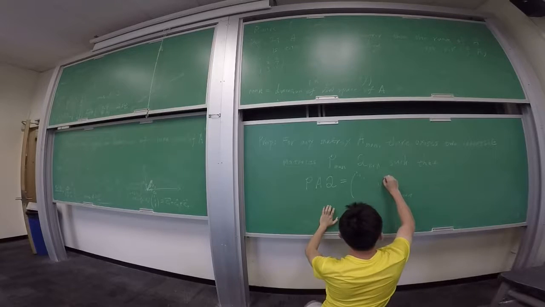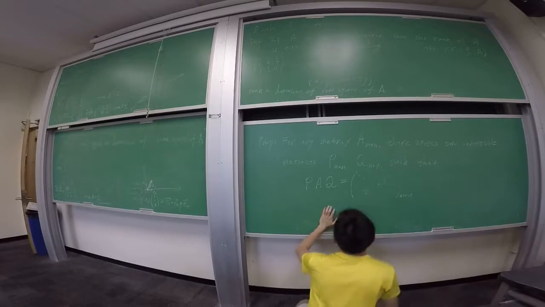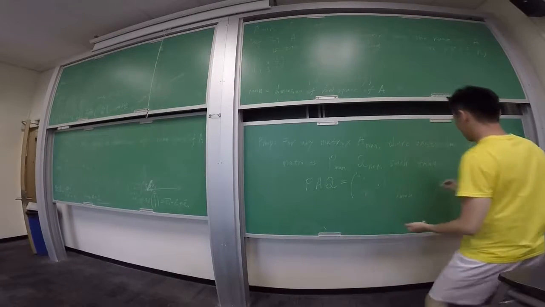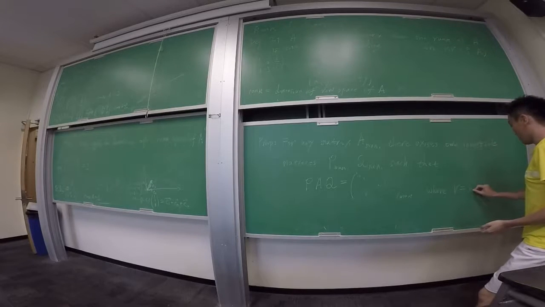So this side over here is r, and this side over here is r, where r is equal to the rank of A.